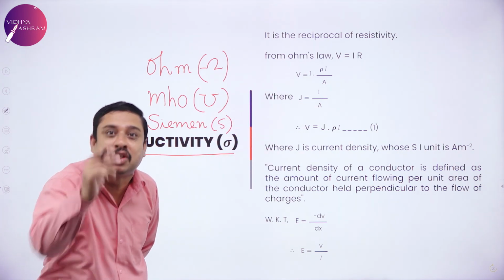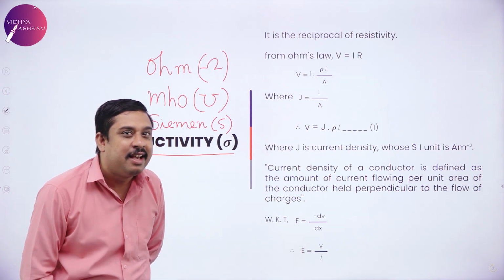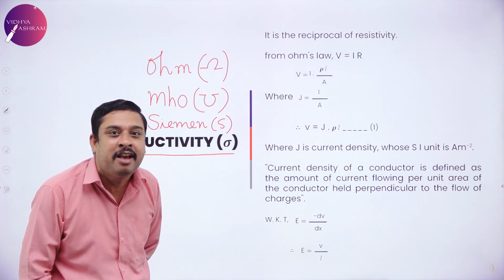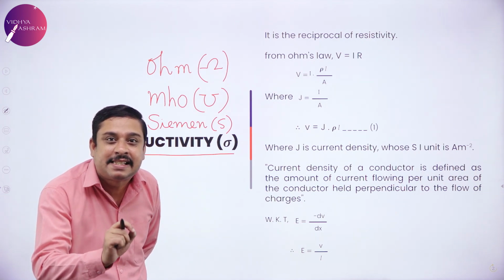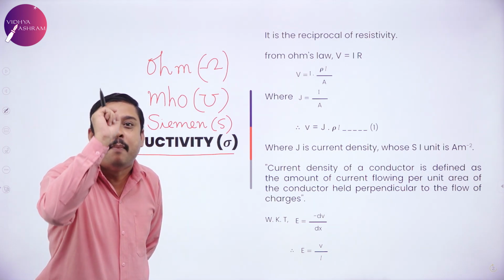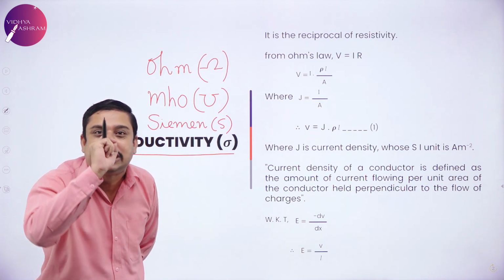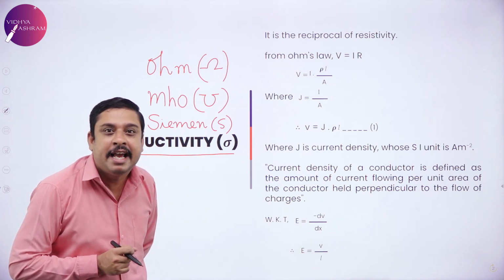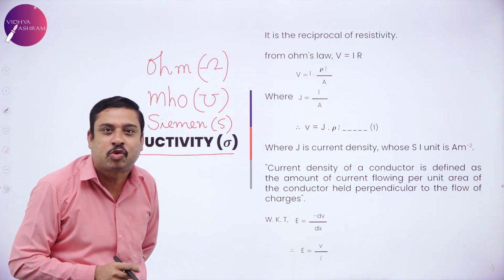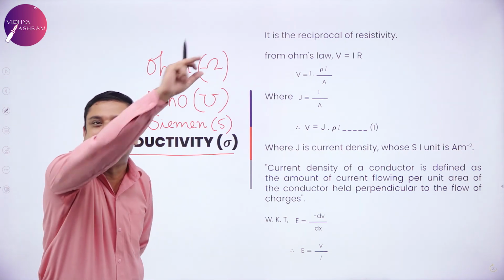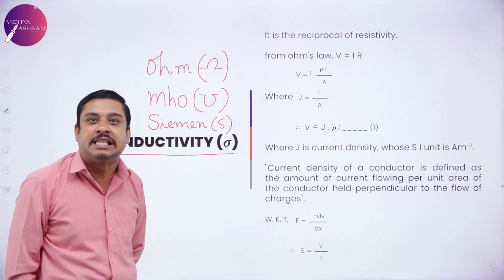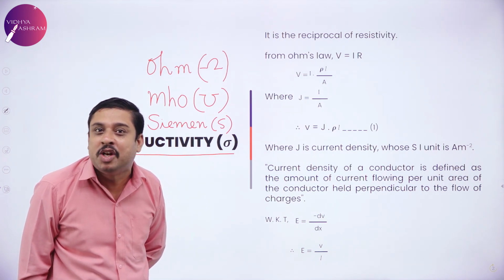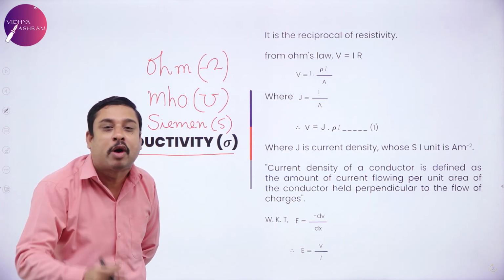We also called it specific resistance. Why do we call resistivity specific resistance? It is the resistance offered by a conductor whose length is specifically 1 meter and area is specifically 1 meter square. Therefore, that resistance is called specific resistance. So, tell me, what is conductivity? It is the reciprocal of resistivity.